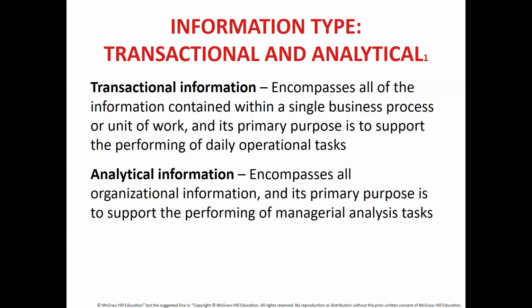Whereas analytical information encompasses all organizational information, and its primary purpose is to support the performing of managerial analysis tasks. So analytical information is all the information that allows a manager or a set of managers to analyze the information, make decisions, and perform some form of managerial tasks.